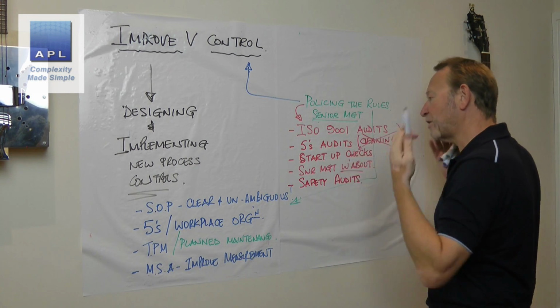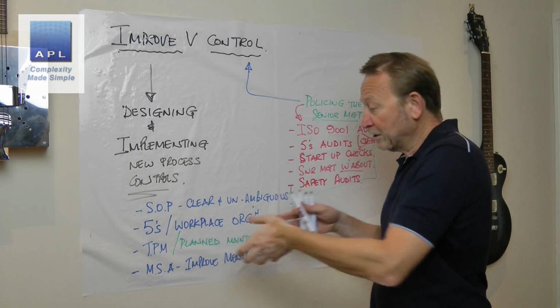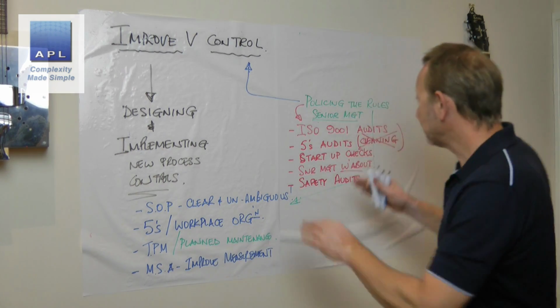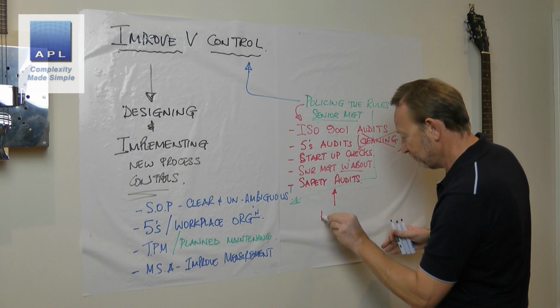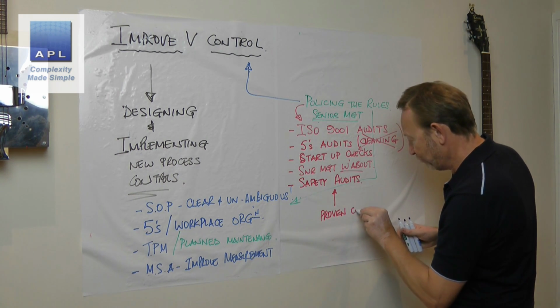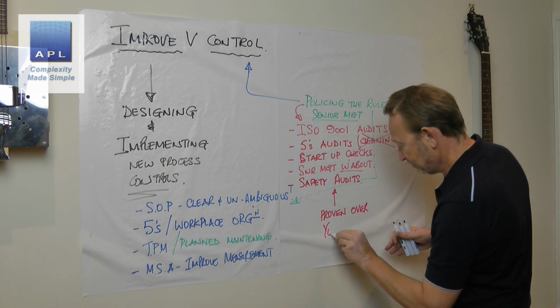They're all kind of checks and audits. And what you're doing is you're checking all the improvements that you put in. You're checking all the daily controls, the instantaneous controls. Now this happens. This is going to be proven over years.